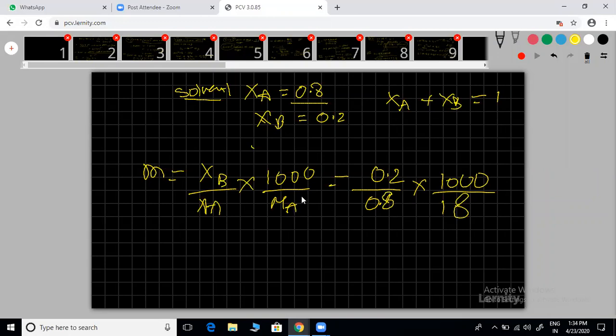So calculate how much you get as the answer. It's a direct question. You can find it easily by simply solving. I hope your answer is 13.88 mole per kg.